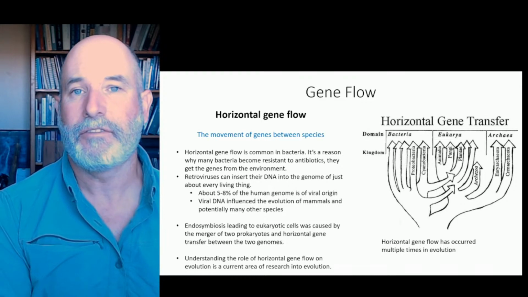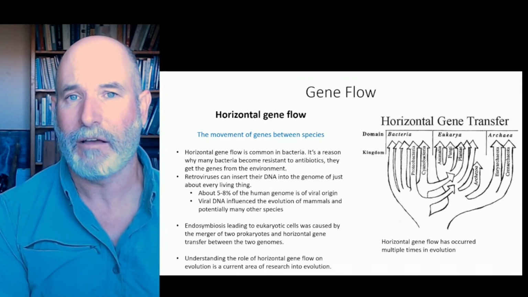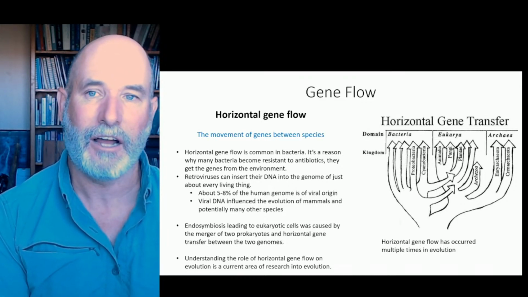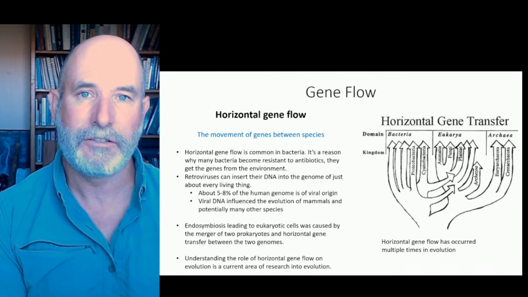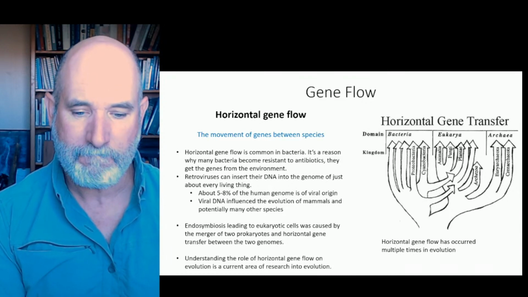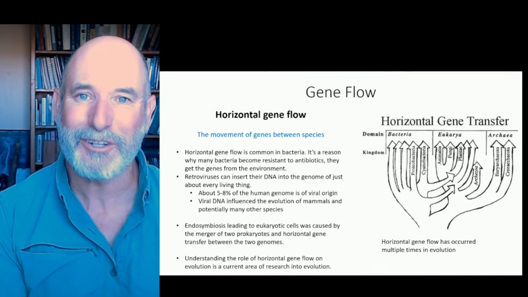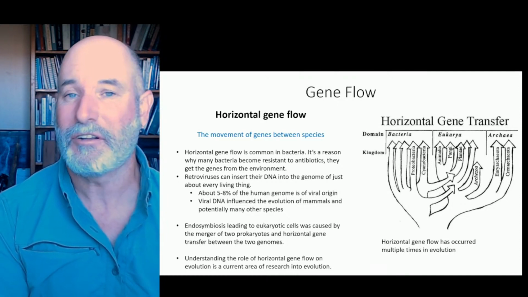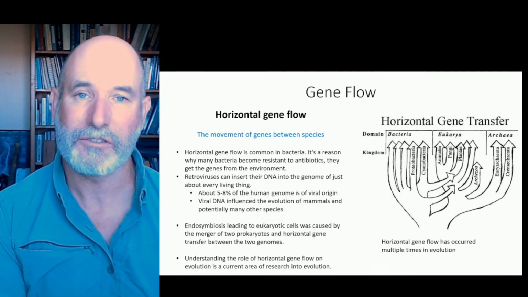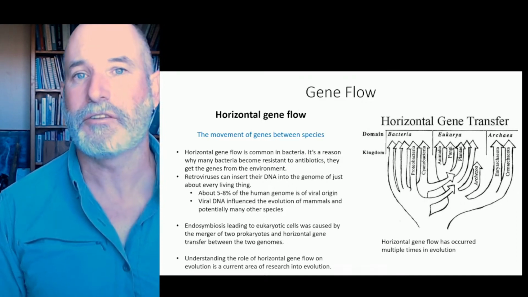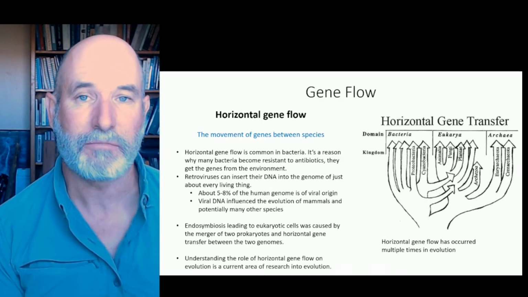A lot of the genes of the ancestor to the mitochondria migrated to the nuclear genome of the host, which would be another example of lateral or horizontal gene transfer. The same also happened to the chloroplasts in the evolution of plants as well.